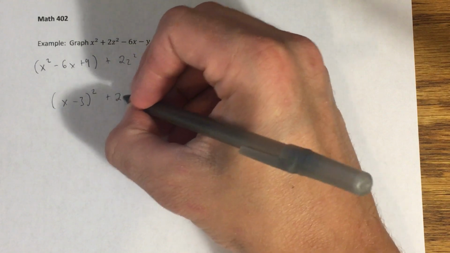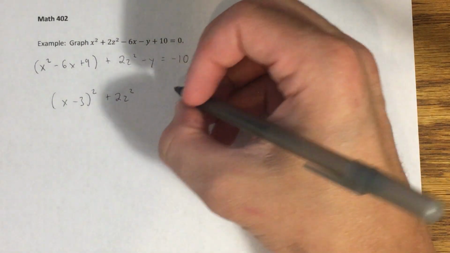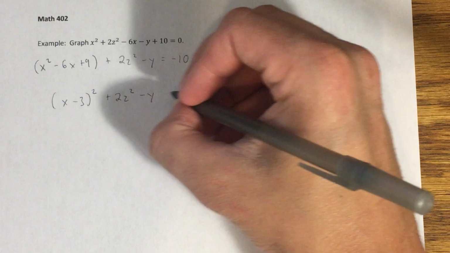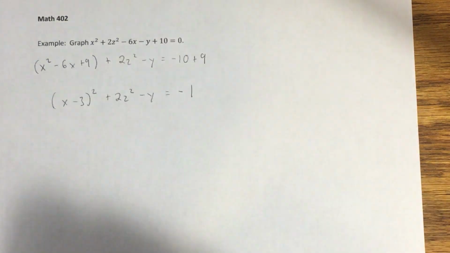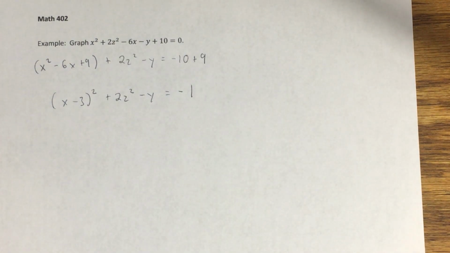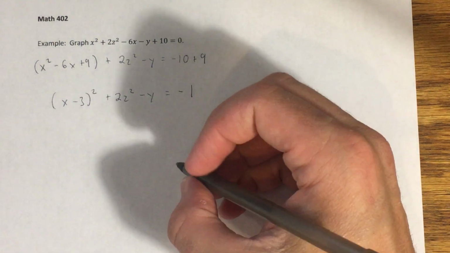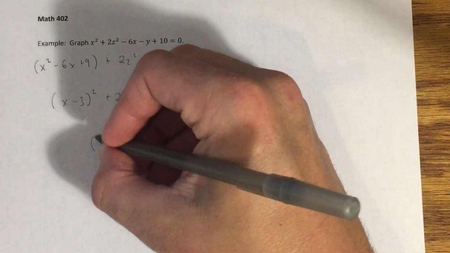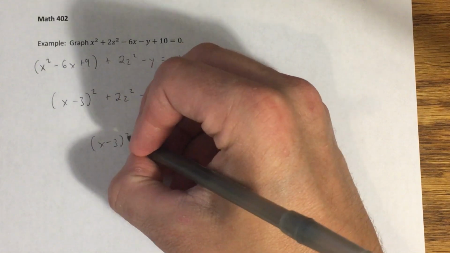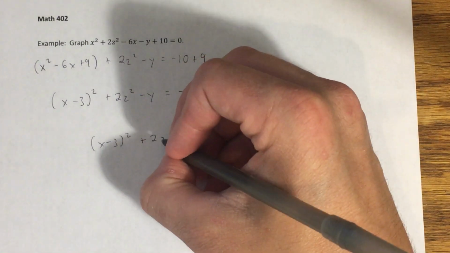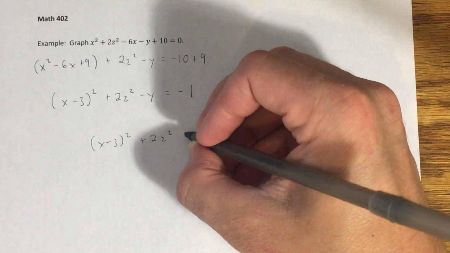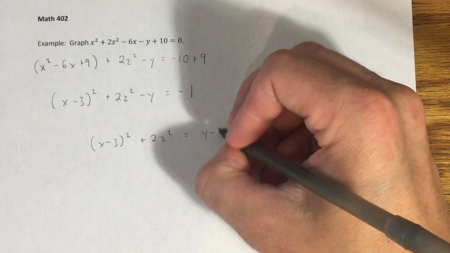Then I have plus 2z squared here, minus y equals negative 1. Okay? Now what I'm going to do is add this y over to both sides so that I get x minus 3 squared plus 2z squared equals y minus 1.